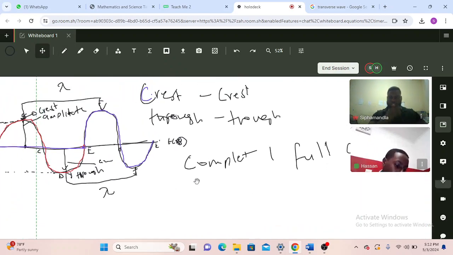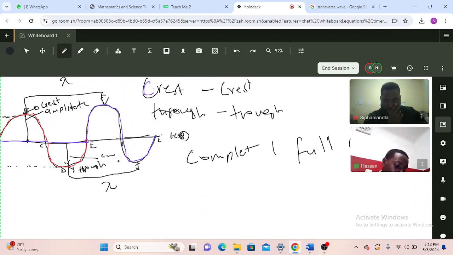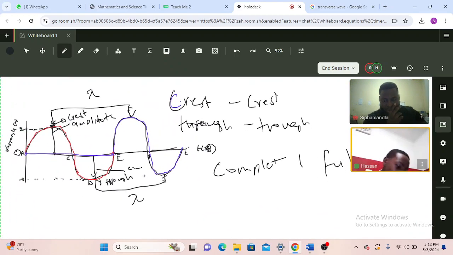Do you have a question here? No, sir. Okay, that's the first thing. Now, in terms of labeling the transverse wave, if you label it like this, you're done. Now we will go to the calculation part.